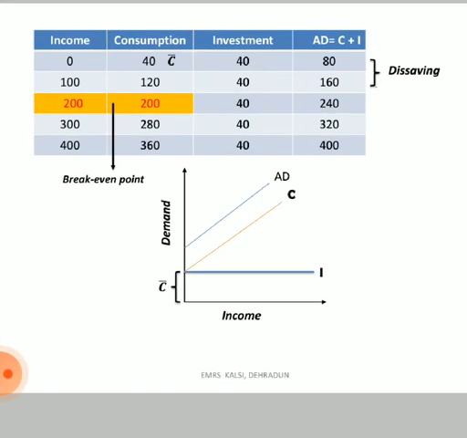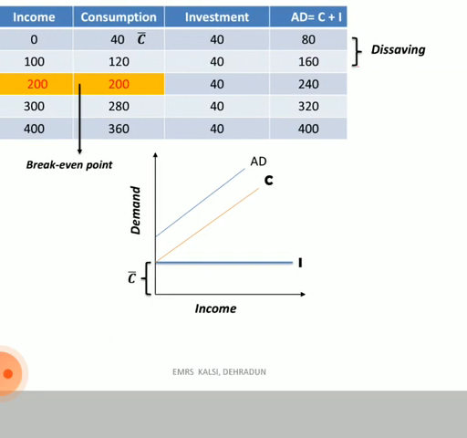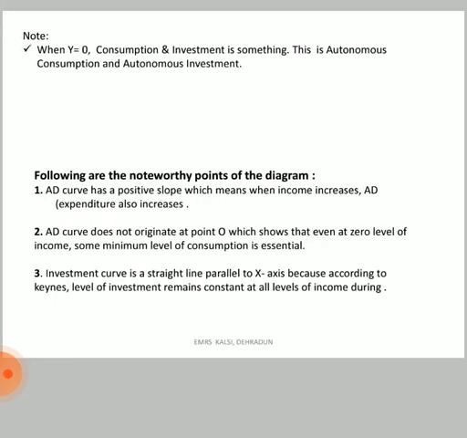We have seen that here at 0 level of income, consumption is 40. The consumption is for survival, it's necessary. That's why the AD is not originating from 0.